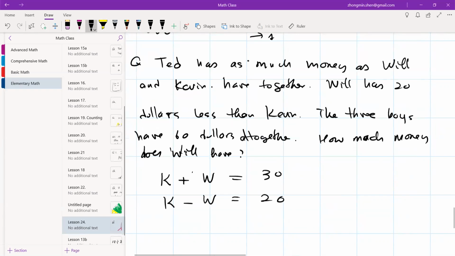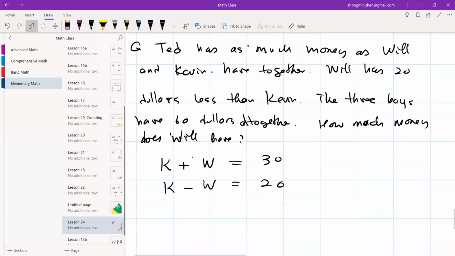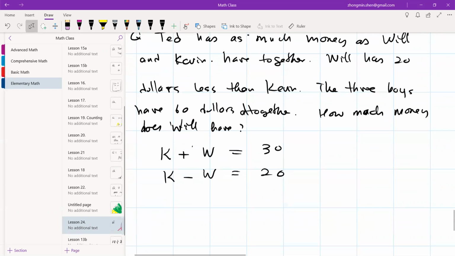So if you know how to solve the equations, you will see that from here, what you do is you add them together. Double of Kevin's money is going to be 50.